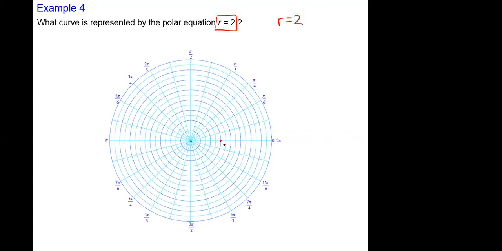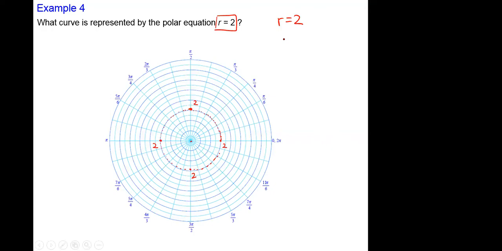Let's say this is 2. That's the distance for 0 degrees is 2, for 1 degree is 2, for 3 degrees is 2, and so on. For every single degree, the distance is 2. That means what is the shape? Of course, it is the circle.